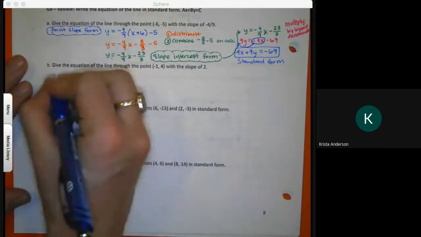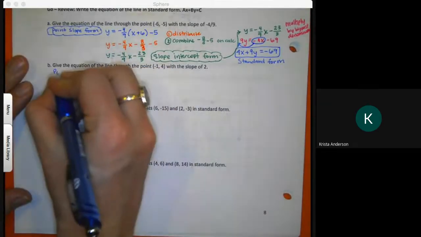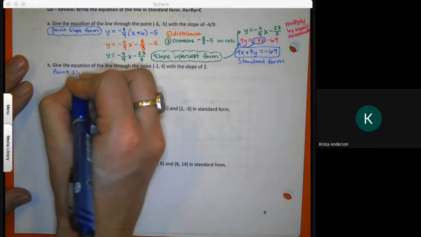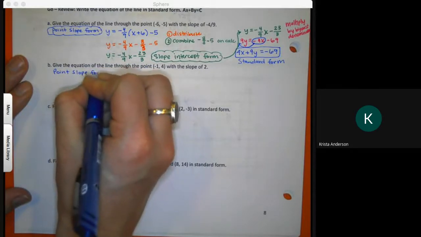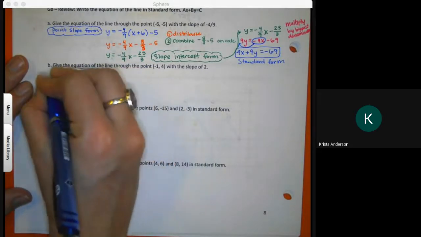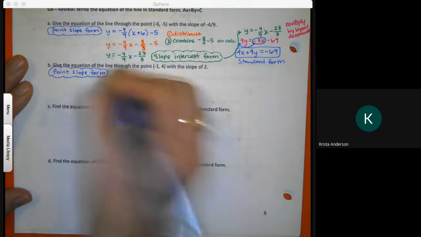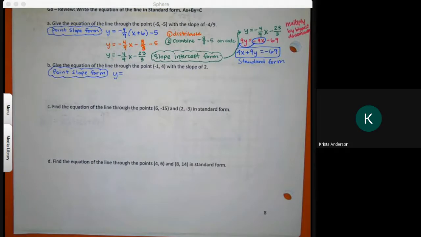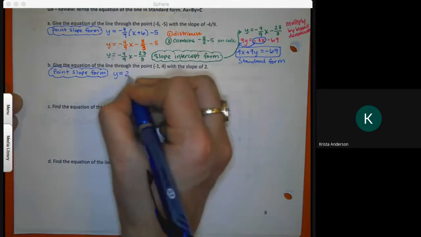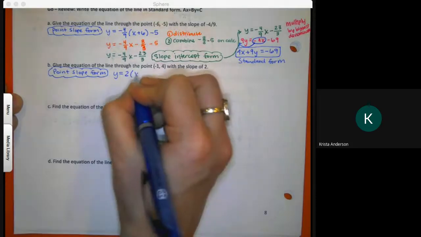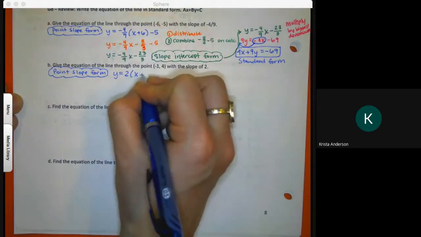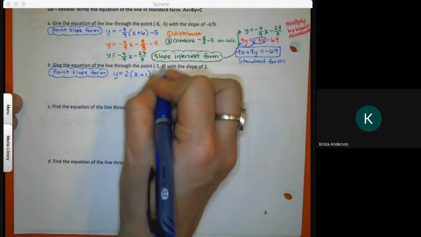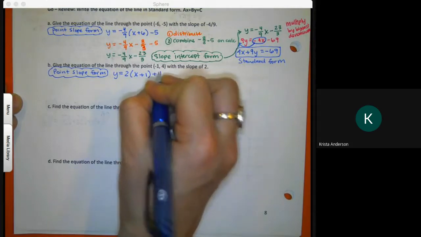Point slope form. Y equals, what is the slope? 2. 2. And then we'll have x, opposite of minus 1 is plus 1, and a plus 4 was on the outside.